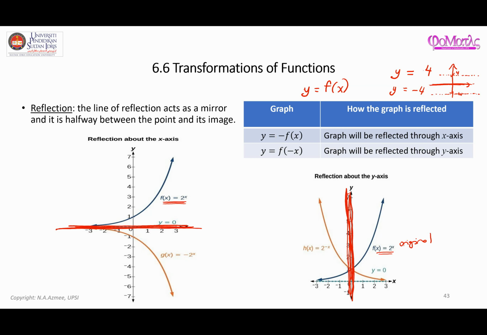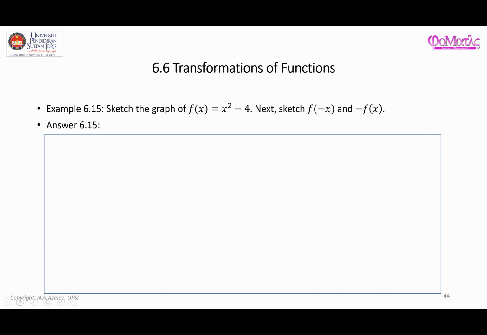Let's look at some examples. Sketch the graph of f(x) equals x squared minus 4. In order to sketch the graph, you can start with a very basic idea. What is y equals x squared? We all know that y equals x squared will look like this.